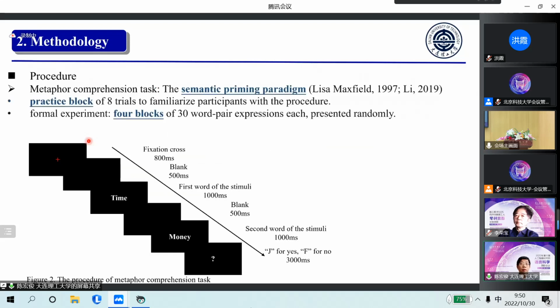And the procedure is like this, we just adapted the semantic priming paradigm by Lisa and Dr. Li. And this is the procedure. We extracted the ERP at the second target word onset.